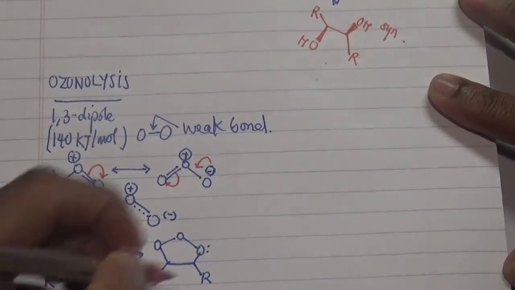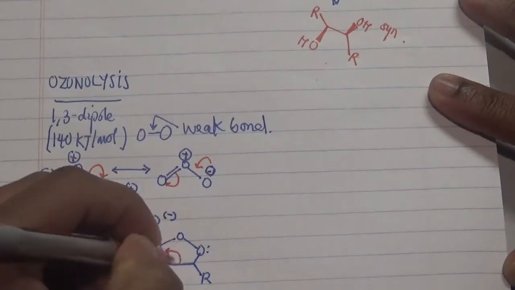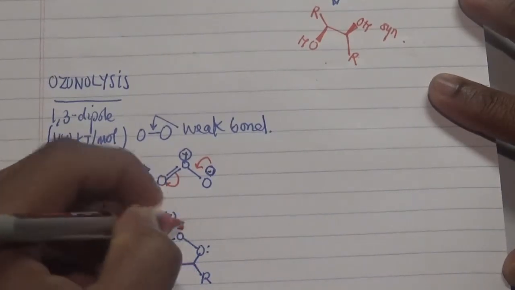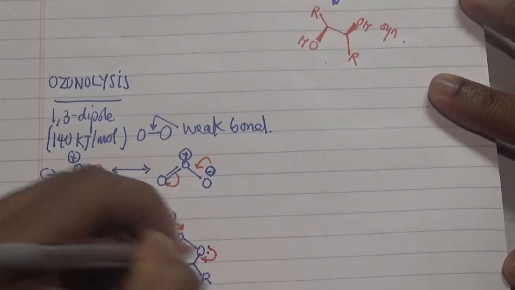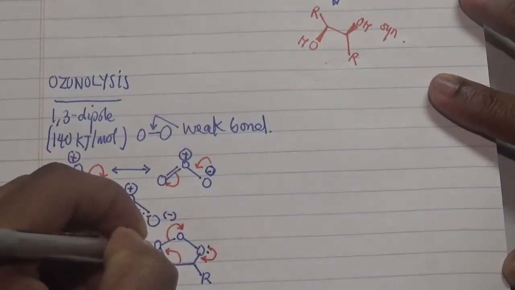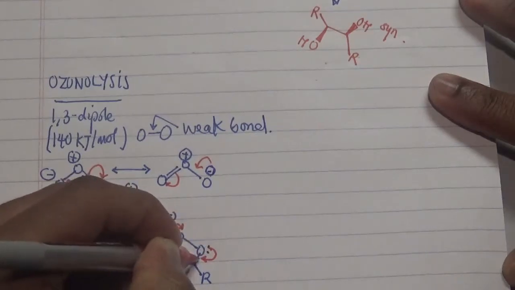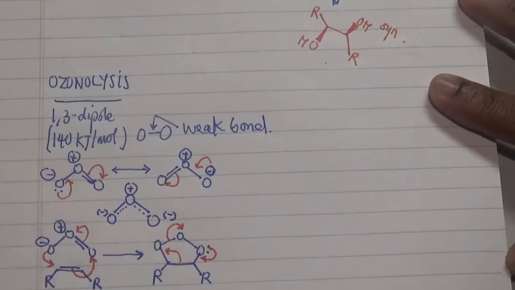And then due to the weak bond that is actually generated here and here, we have a cleavage of bond where this part actually cleaves off here, and then we have the cleavage of our bond here, and this particular lone pair actually forms a double bond over here. So as we form a double bond here, this bond cleaves off, and as we form a double bond here, this bond actually cleaves off over there.